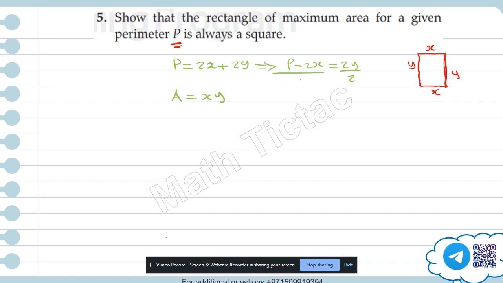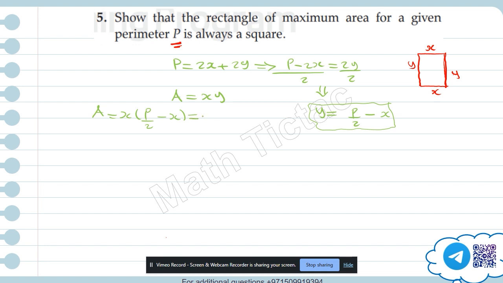Then divide by 2, divide by 2. This is going to be equal to y, which equals P over 2 minus 2x over 2, which is equal to x. So this is my substitution. Now I will say area is equal to x multiplied by P over 2 minus x.